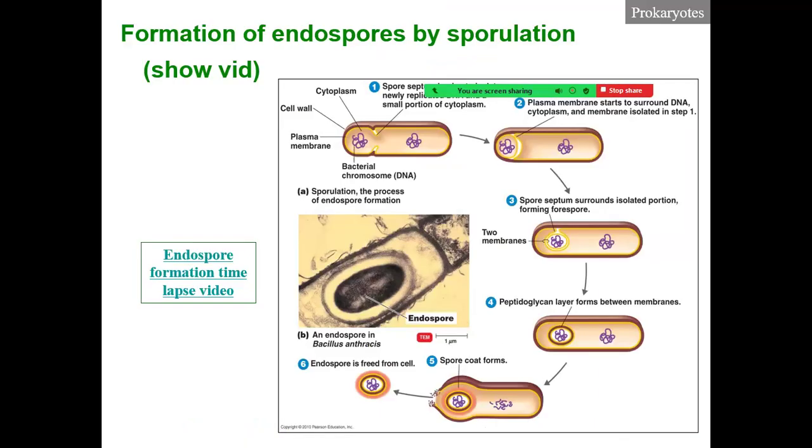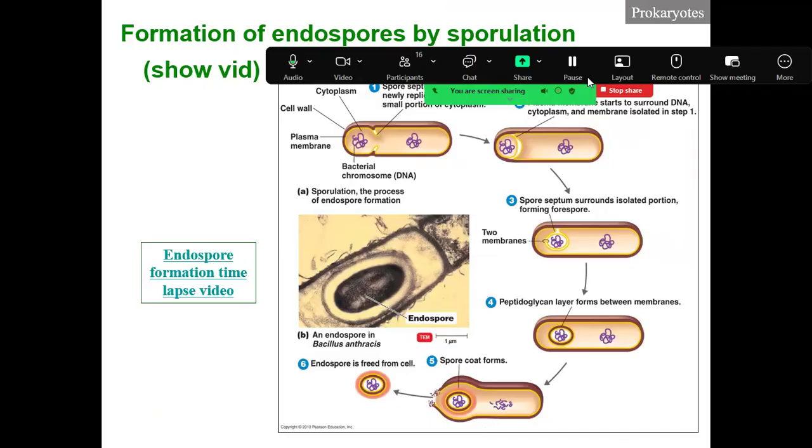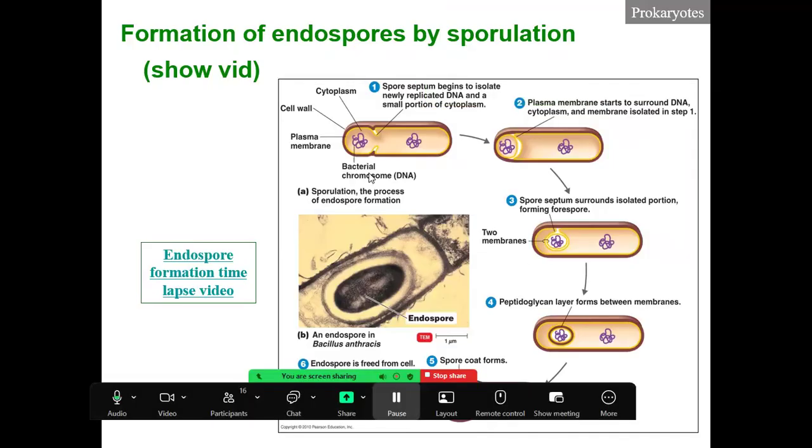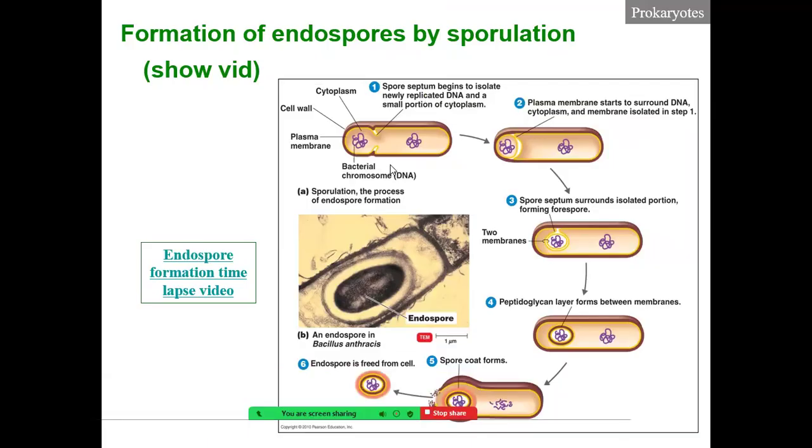All right. An endospore happens when the cell goes through cell division, but unlike normal cell division for most bacteria, the cell does not divide evenly down the middle. It divides into a smaller portion and a larger portion.